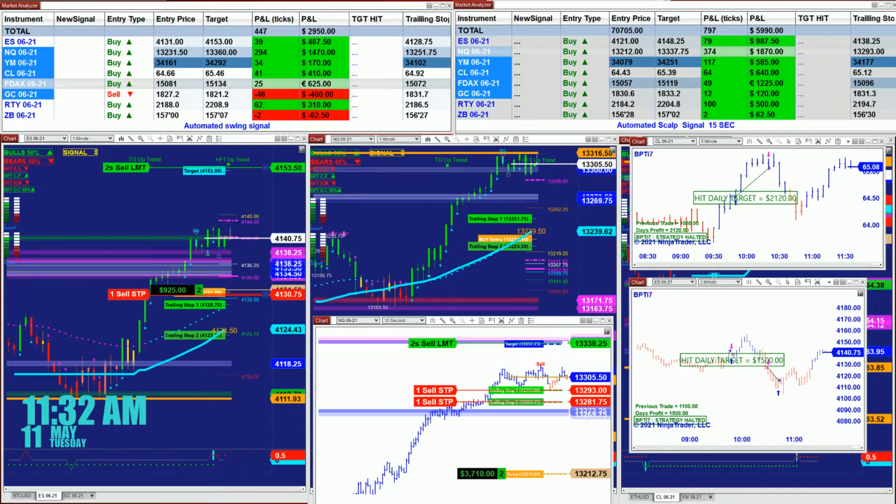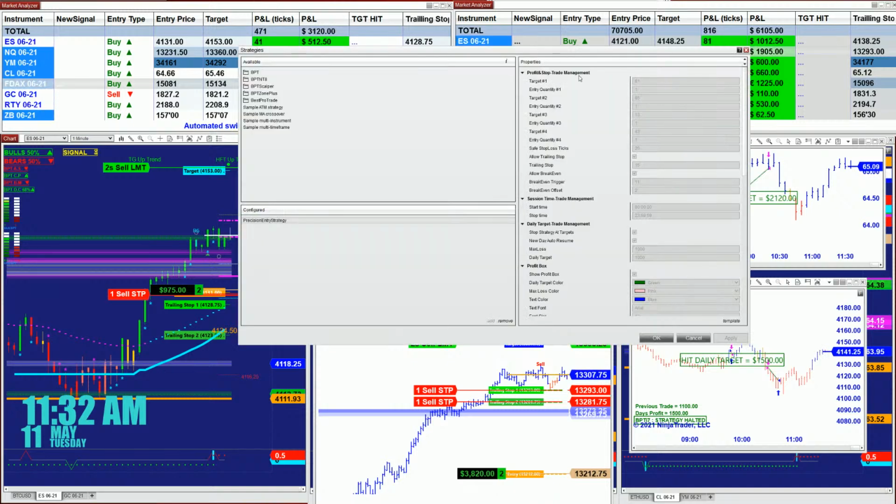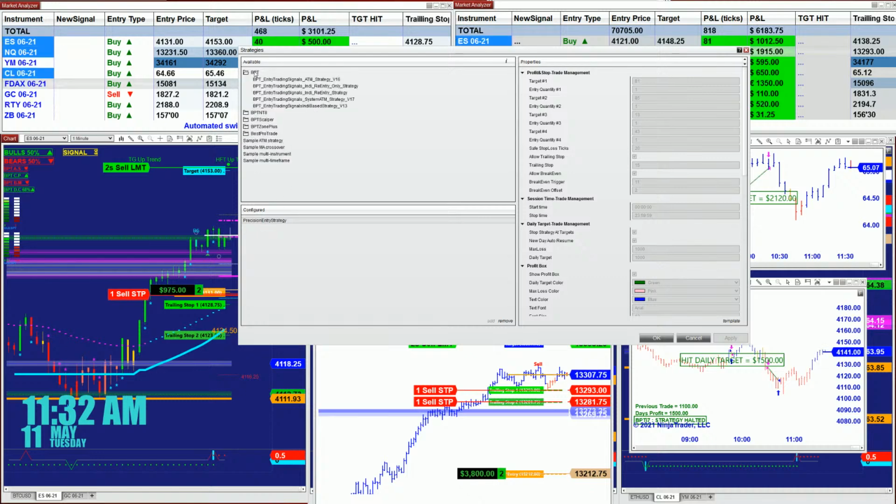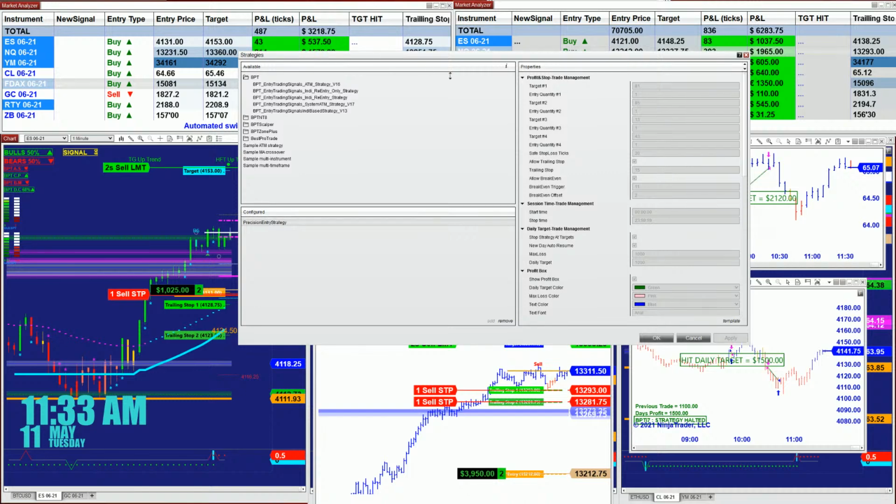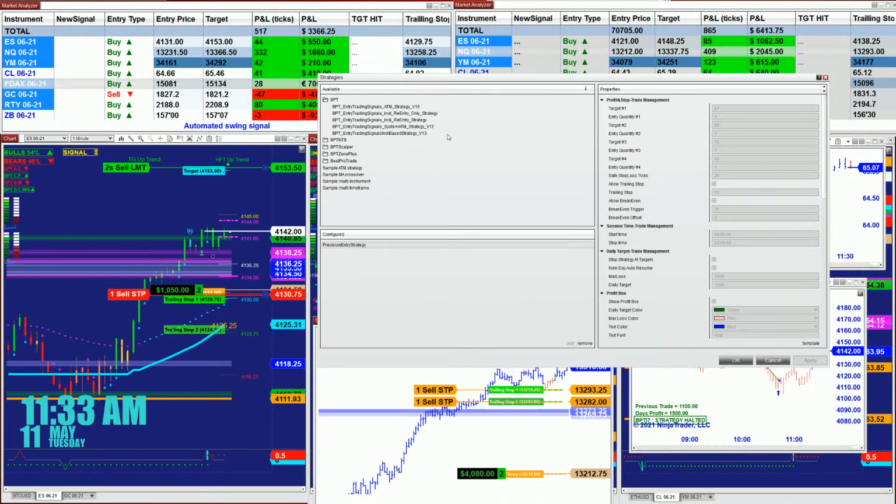And it's called precision entry. And we have the signals. I don't know how many auto trades we have now. I swear, I don't know. It's embarrassing when somebody is talking to me. I don't know how many auto trades we have.